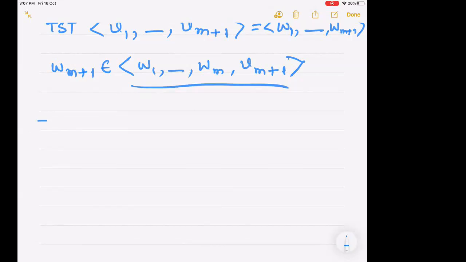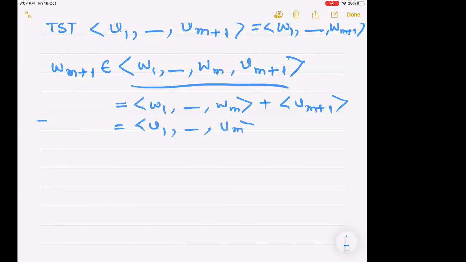So this space is the same as span of W1 up to Wm plus Vm plus 1. But what is this space? This space is the same as span of V1 up to Vm, by the inductive hypothesis, plus Vm plus 1. These are linearly independent, so this is the same as span of V1 up to Vm plus 1, right?